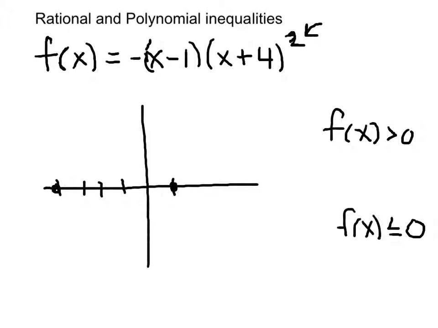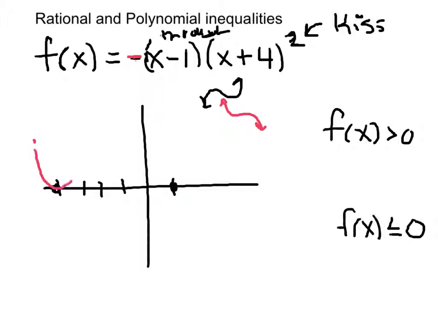The -4 is a kiss, the +1 goes through, and it's not cubed like this because there's a negative sign right here. It's cubed like this. It flips it upside down. So it goes and kisses -4, comes back and shoots through +1.